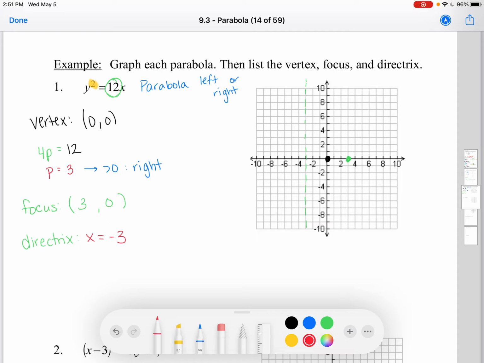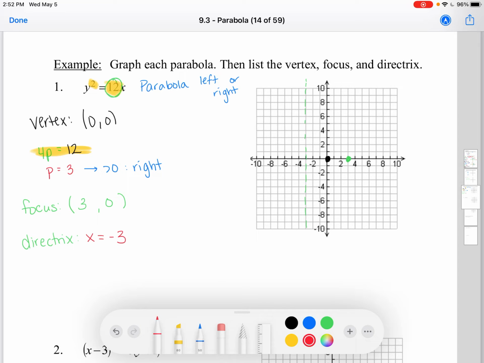Before we head into the axis of symmetry, which again is not listed in the directions, but that is something important for a parabola, I need to figure out what this parabola actually looks like. So we go back to that 12. Remember when we said 12 is representing that 4p? Well, that tells me that from the parabola through the focus out to the parabola again, I need to have a total length of 12.